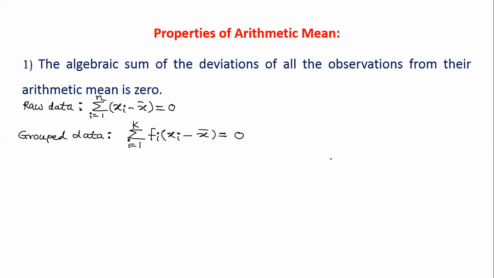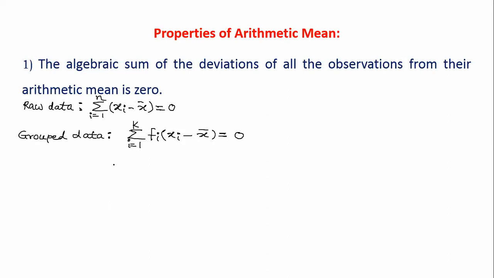Now, between raw and grouped data, the grouped form is general. If I say fi is equal to 1 and instead of k classes there are small n observations, we get the corresponding formula for raw data.